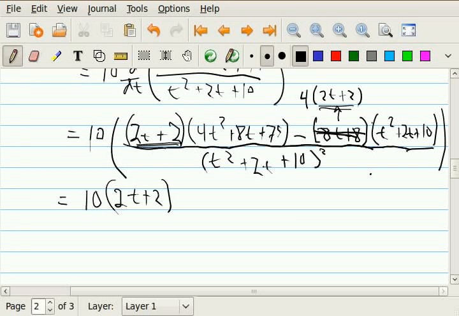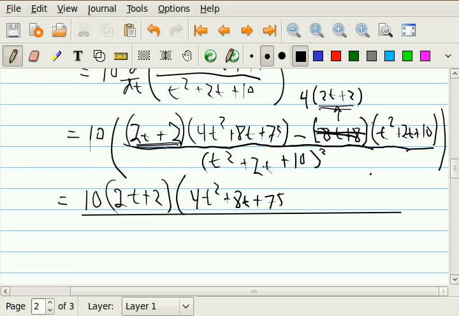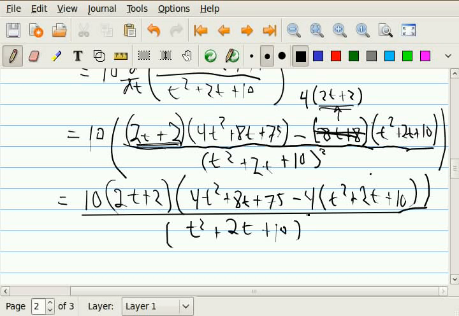Okay, and look here carefully what I'm doing. I'm factoring out that 2t plus 2 from both of these big expressions in the numerator. And all I have left now is the 4t squared plus 8t plus 75, minus 4 times t squared plus 2t plus 10. And that's all over t squared plus 2t plus 10 quantity squared.